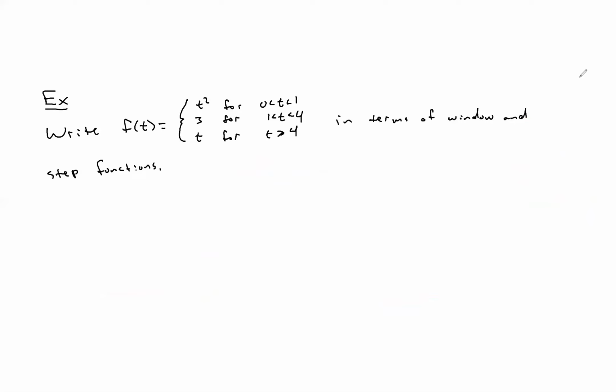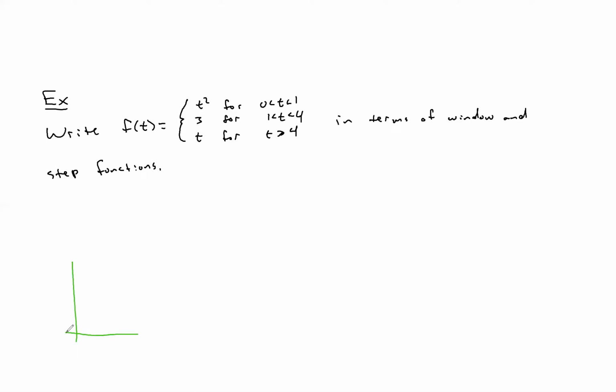All right, so we've got this piecewise defined function. From times 0 to 1, we've got this function t squared. From 1 to 4, we've got a constant function 3. And then for t bigger than 4, we've got the function t. You can kind of imagine what this might look like.